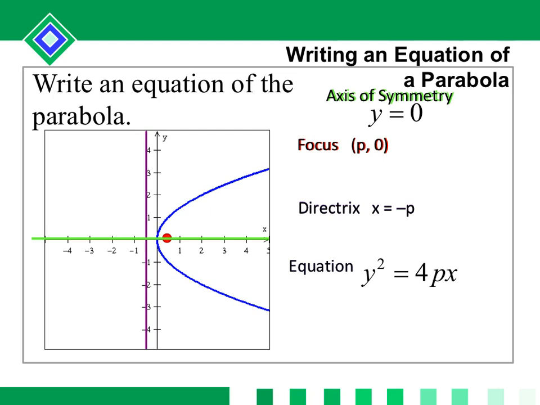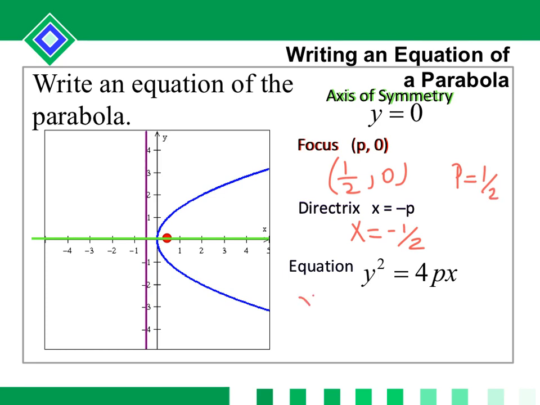Okay, the next one here, this is the parabola given, the axis of symmetry is on the horizontal. The focus here, I see, is (1/2, 0). The directrix is x equal to -1/2. The equation, so see the p here is 1/2.